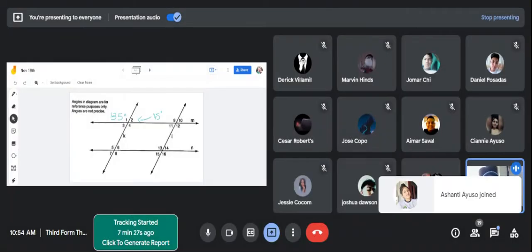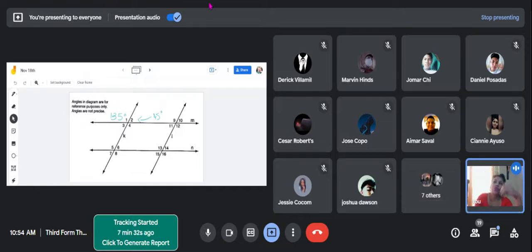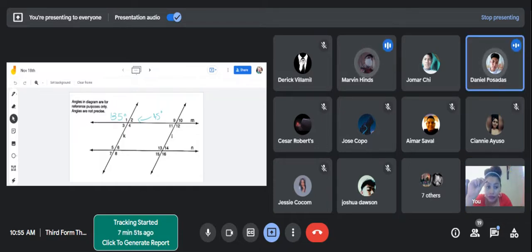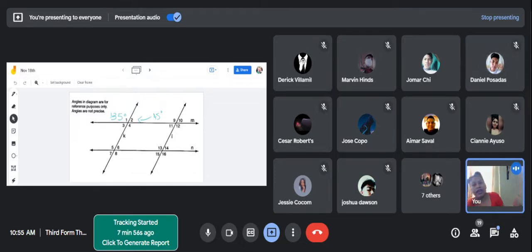Right? Now the reason why did we do 180 minus 135? Why did we do that? We have to find the other angle, yes, and we did 180 minus 135. But why did we use 180?